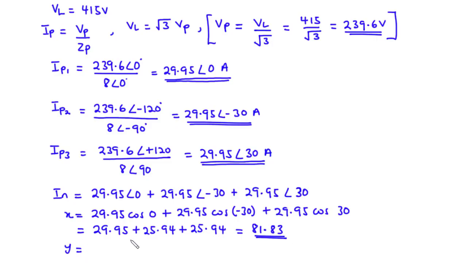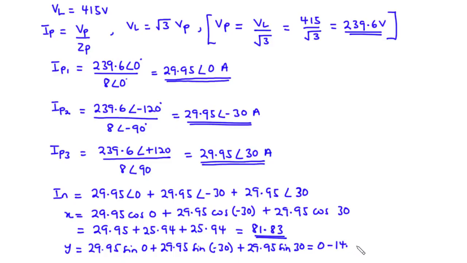So for the y component, or the imaginary component, you have 29.95 sine 0 plus 29.95 sine negative 30 plus 29.95 sine 30, and that is equal to, now 29.95 sine 0 gives 0, 29.95 sine negative 30 gives negative 14.98, and then 29.95 sine 30 also gives 14.98.